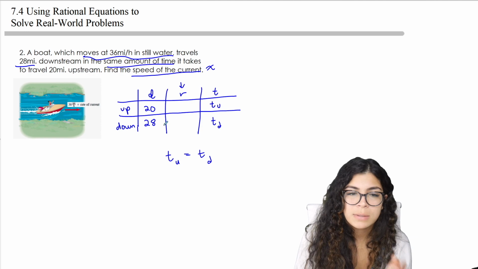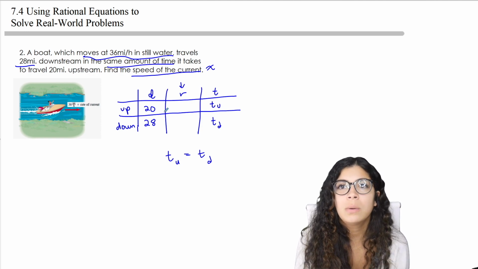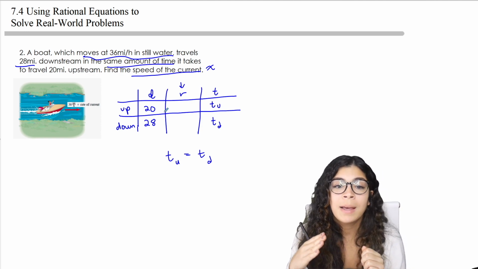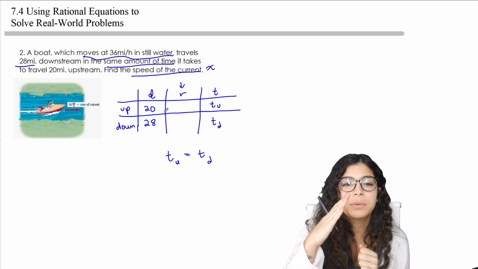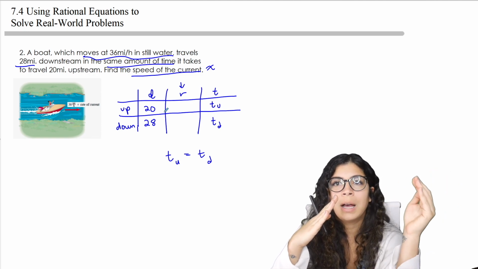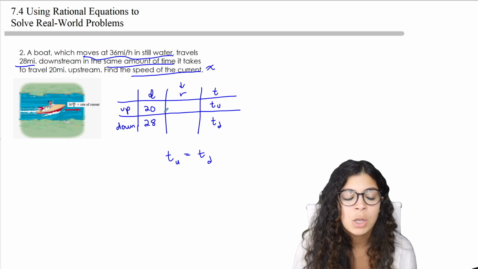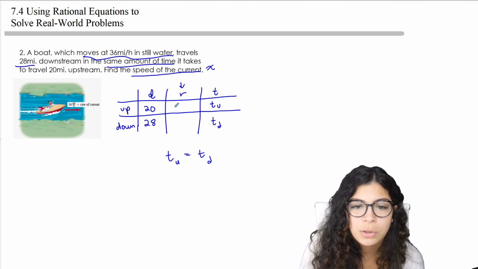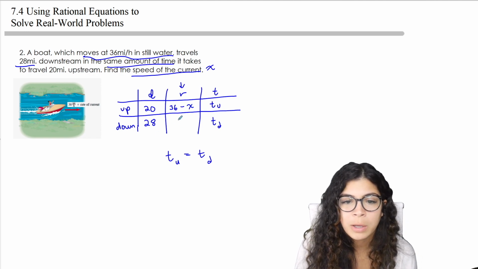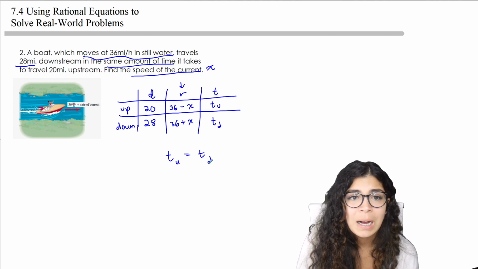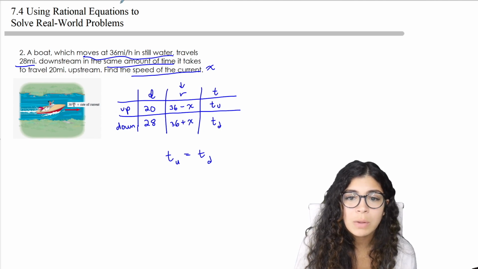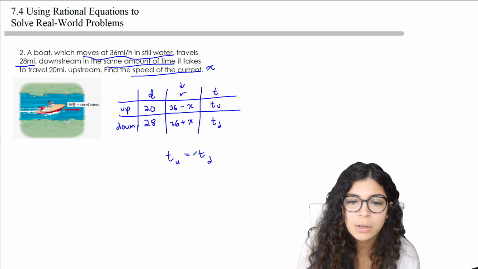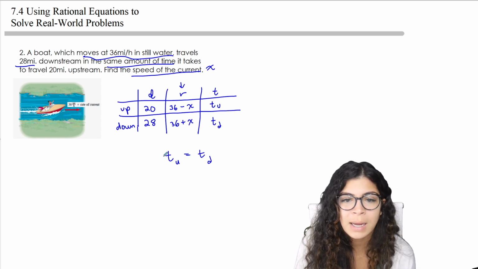Now, what is the rate? Well, we're going to need the rate in still water, and then if we are going upstream, the current is working against us, okay? So upstream, the current is working against us, so we would do 36 minus x. Downstream, the current is working with us, so we would do 36 plus x. Again, with this equation, we need to figure out what is the time upstream.